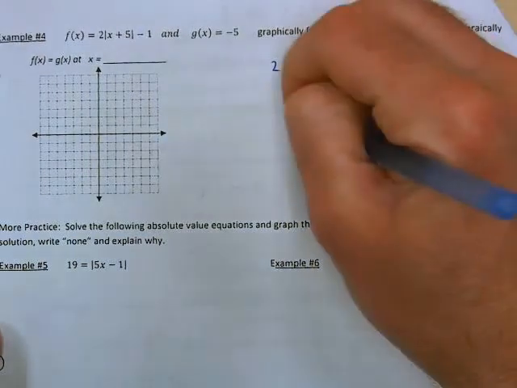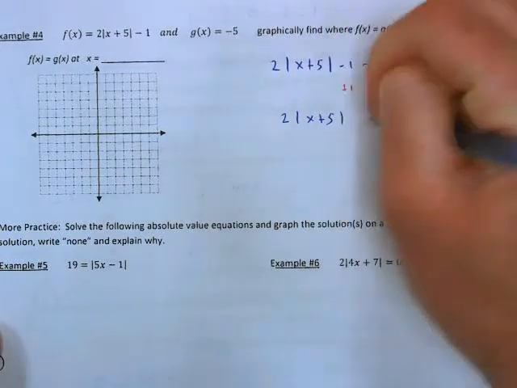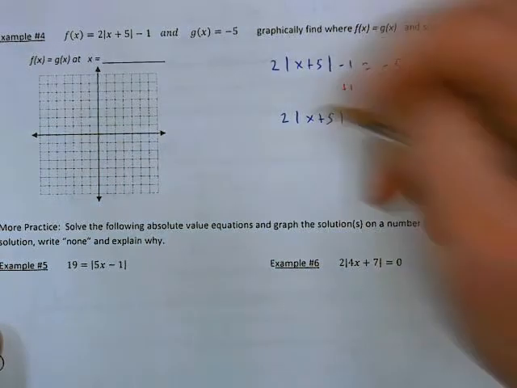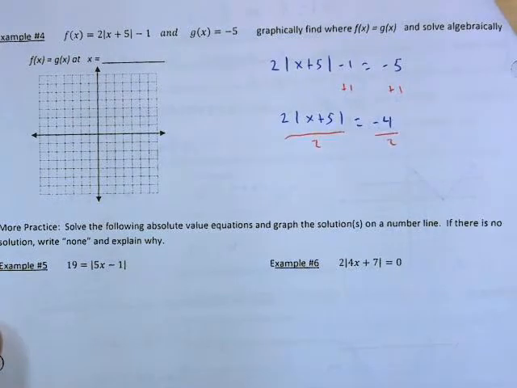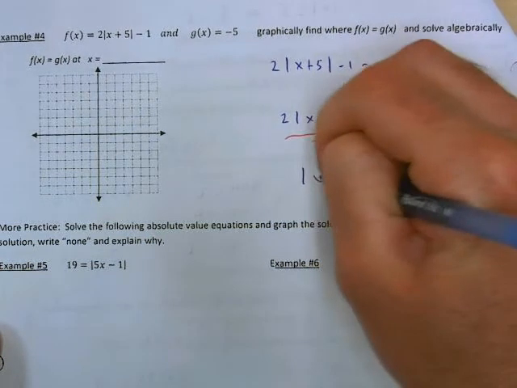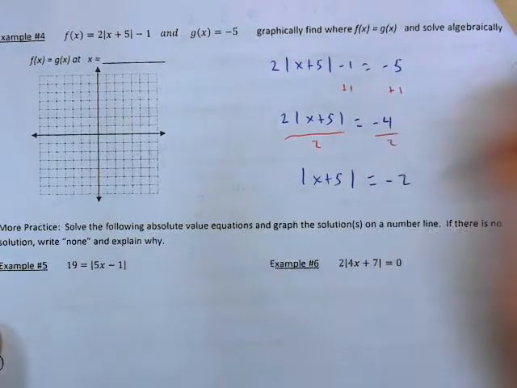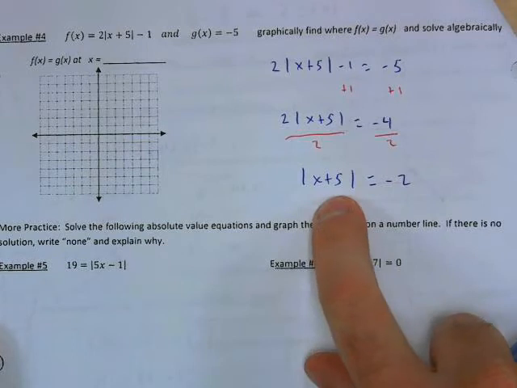And that gives us 2 times the absolute value of x plus 5 equals negative 4. And then when we divide both sides by positive 2, we get the absolute value of x plus 5 equals negative 2.